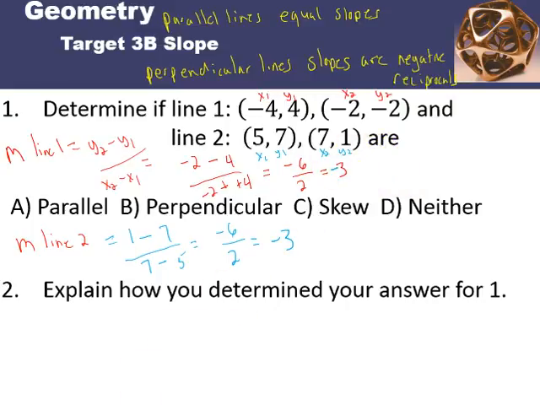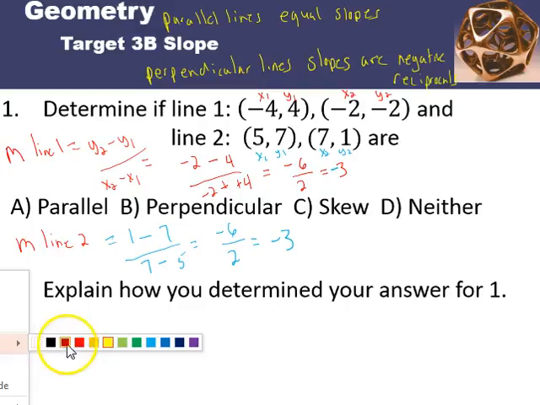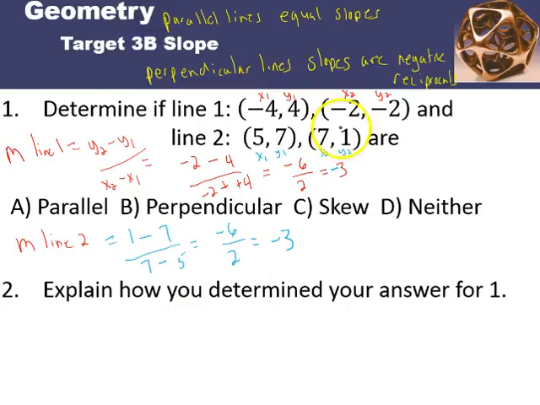So these slopes are equal. This is negative 3 and this is negative 3. If they have equal slopes, then the lines are parallel. So I'm going to choose A, and it's because the slopes are equal.